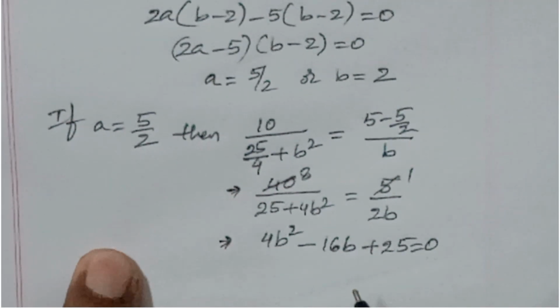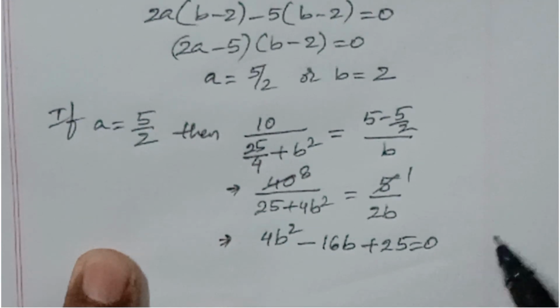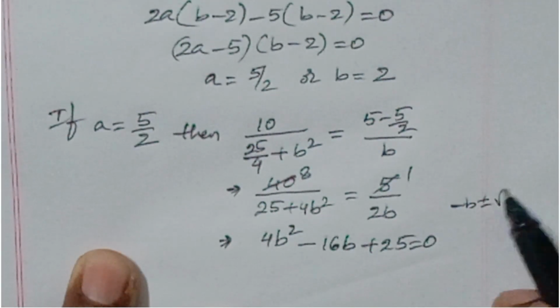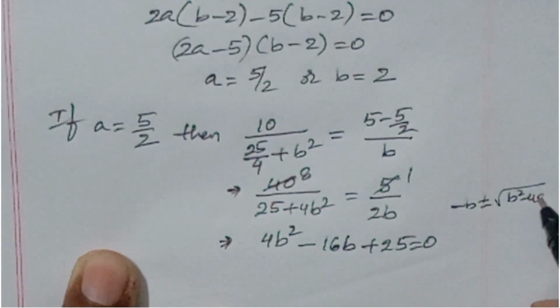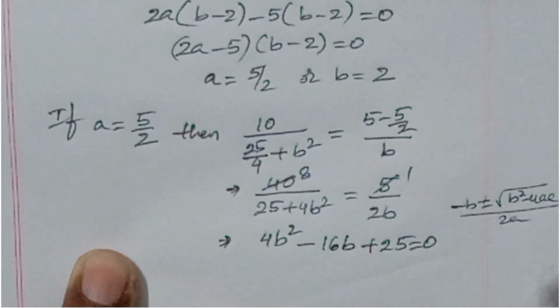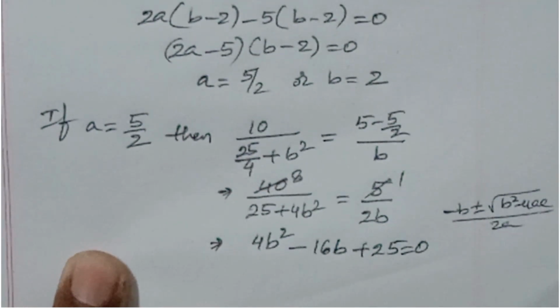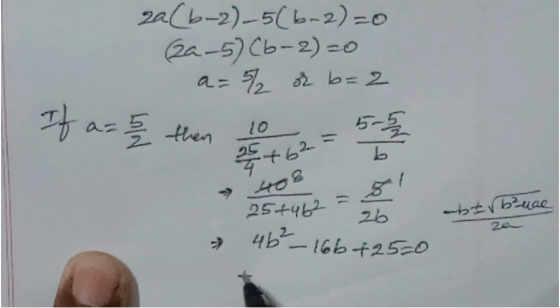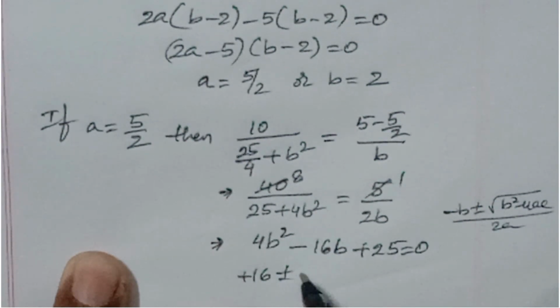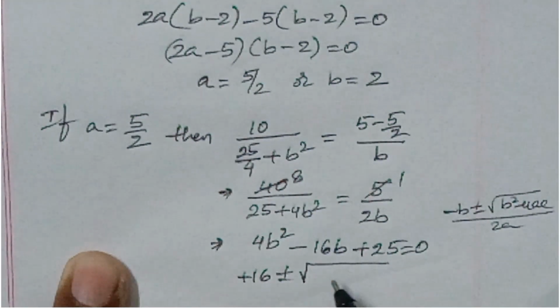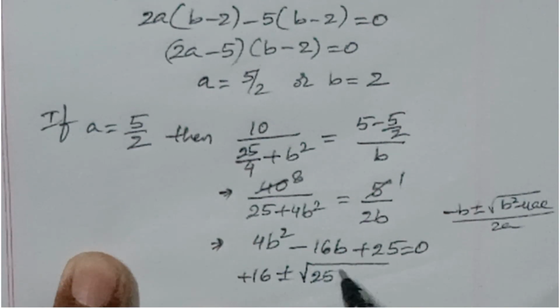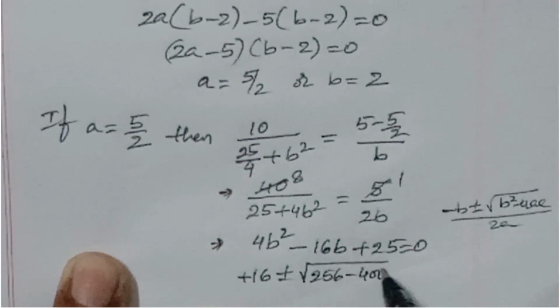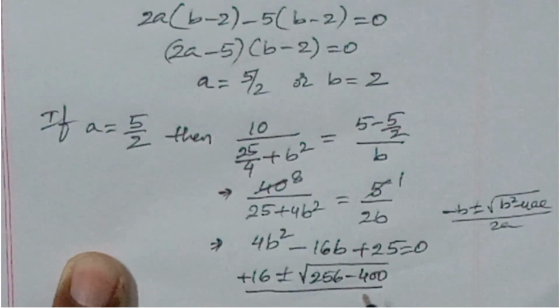Now by applying the quadratic formula, minus b plus or minus root of b² minus 4ac over 2a. So here what will get, 16 plus or minus root of 256 minus 400, over 8.